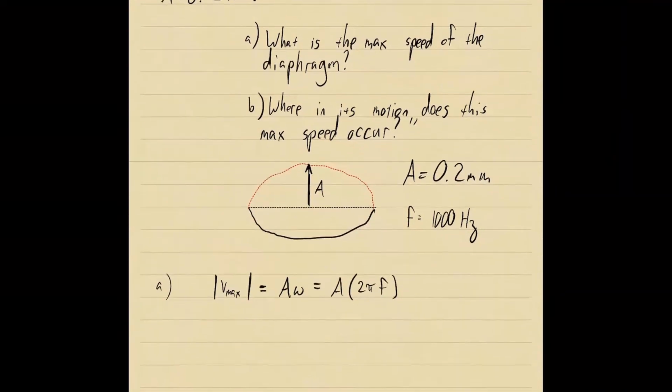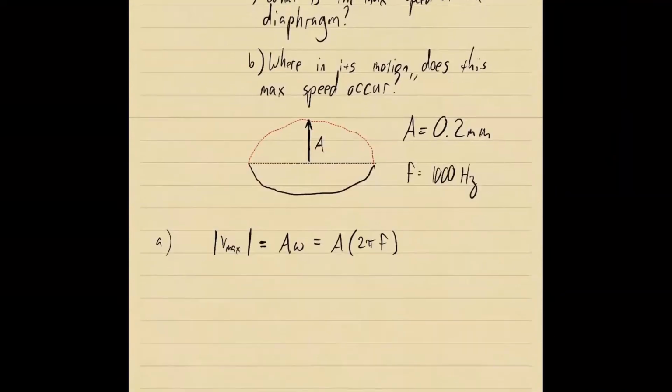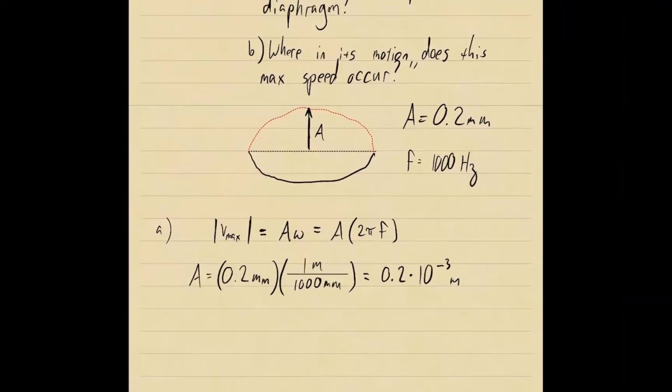And so now we just input all this stuff. First we have to convert A, because that's 0.2 millimeters, but we don't want millimeters, we want just regular old meters. So in 1 meter, there are 1,000 millimeters. This ends up being 0.2 times 10 to the negative 3 meters. And now we're just going to plug stuff into Vmax.